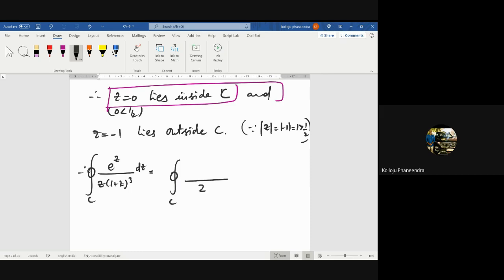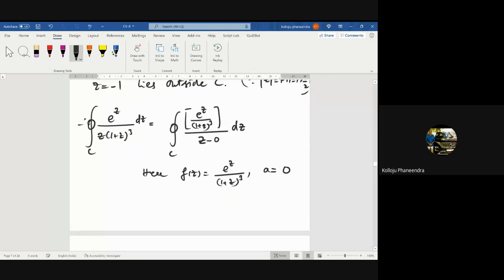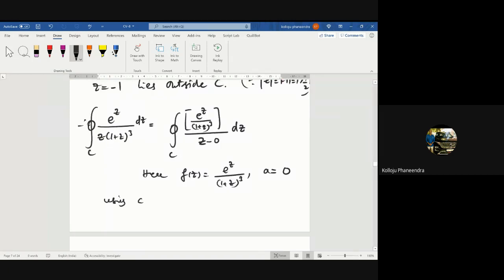So keep z in the denominator and take (1+z)^3 to the numerator. Now this is my f(z). Here, f(z) = e^z by (1+z)^3, and the value a is z - 0, so a = 0.